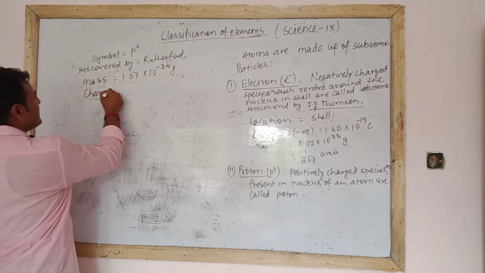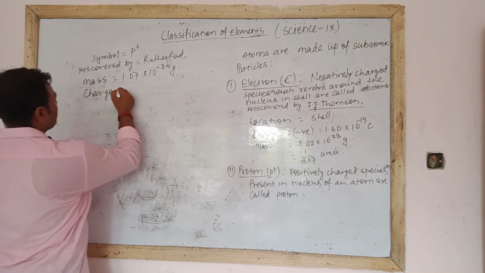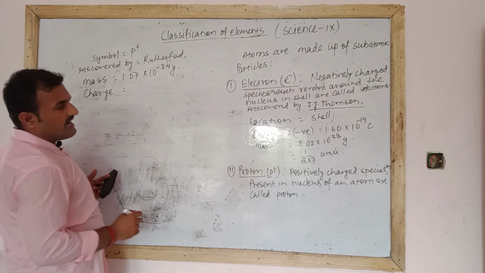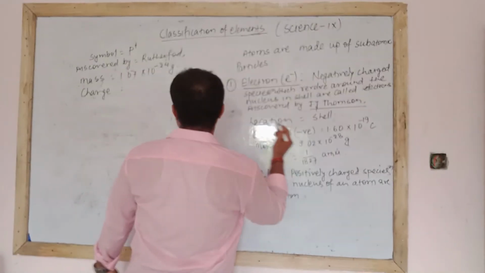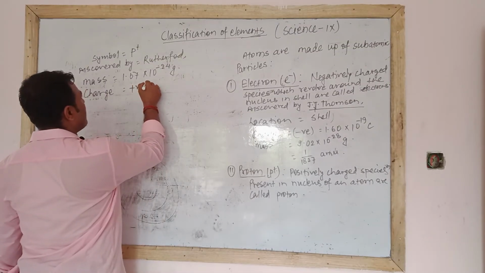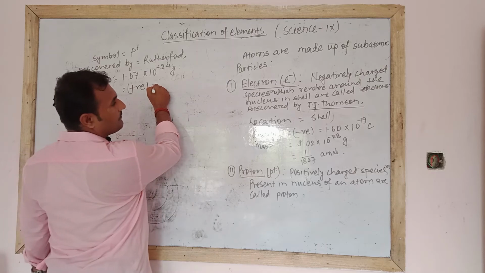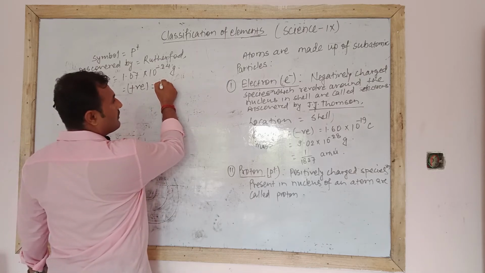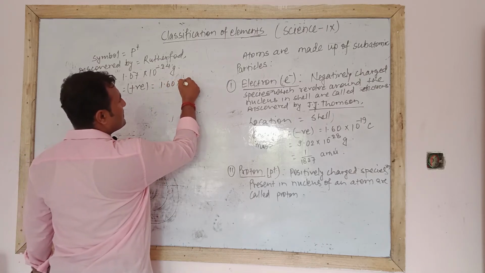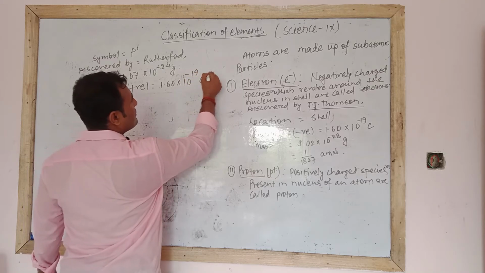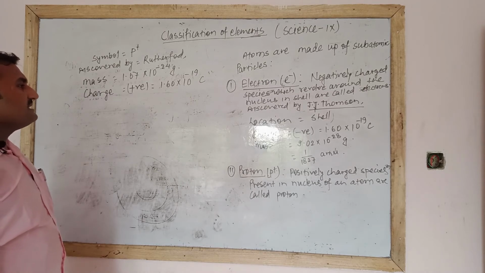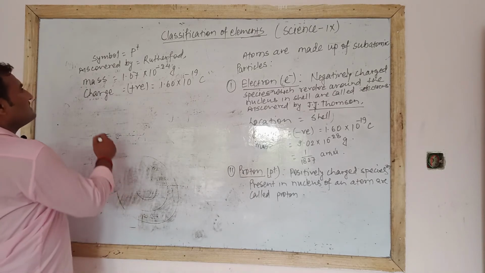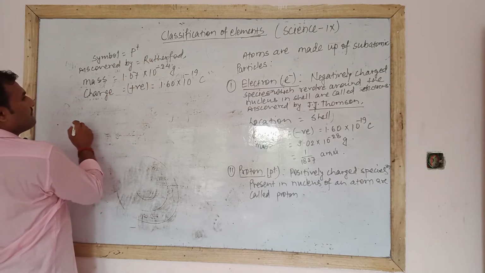Its charge is the same as the electron but positive, equal to 1.60 into 10 to the power minus 19 coulombs.